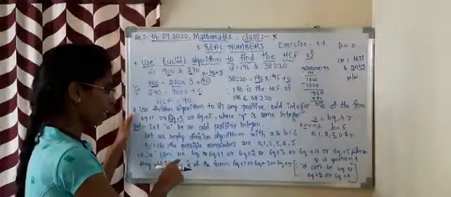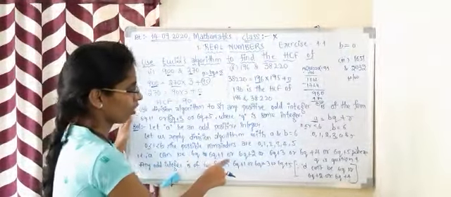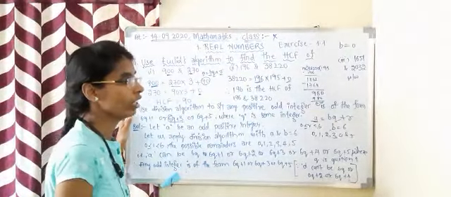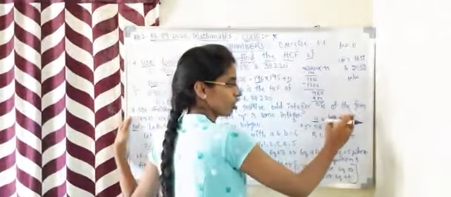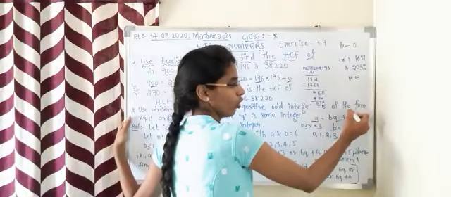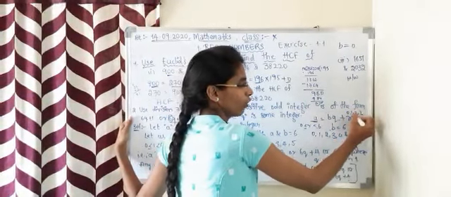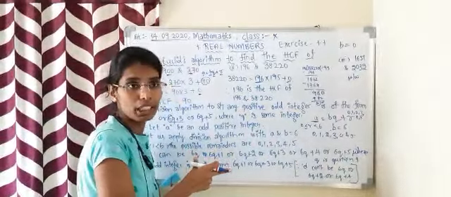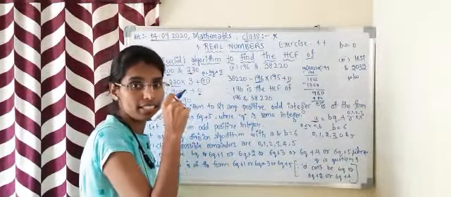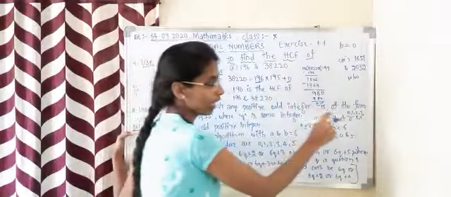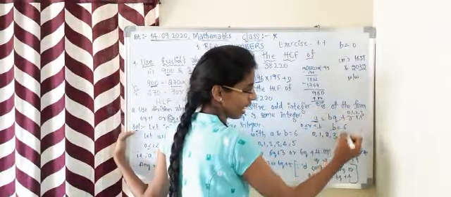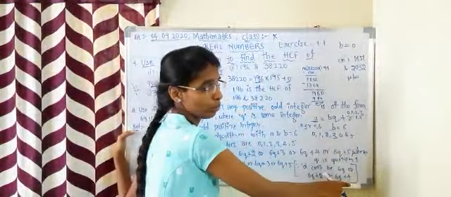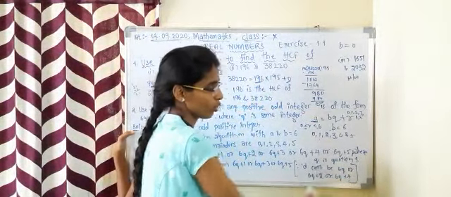That is, a can be 6q or 6q plus 1 or 6q plus 2 or 6q plus 3 or 6q plus 4 or 6q plus 5. But here, as they have particularly mentioned that it is an odd integer, we cannot take it as 6q or 6q plus 2 or 6q plus 4.